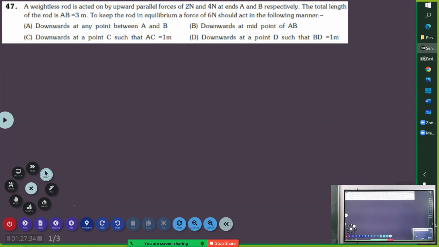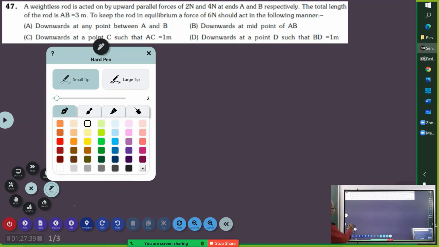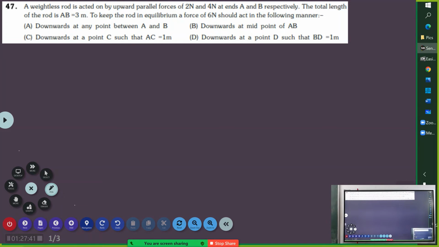A weightless rod is acted upon by upward parallel forces 2 N and 4 N. Find the total and where to apply the balancing weight. So you have a rod, with forces at A and B, and this length L is equal to 3 meters.